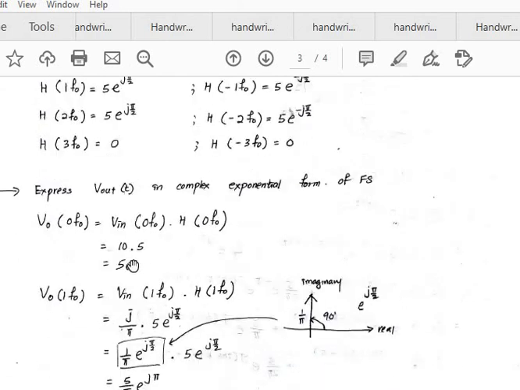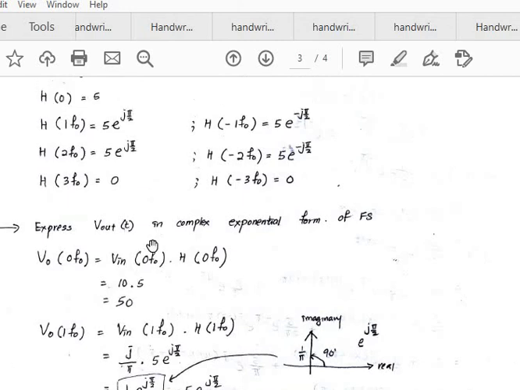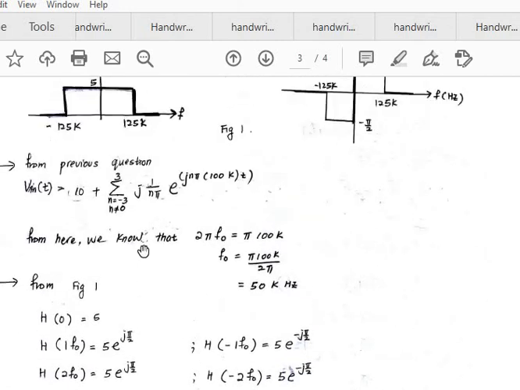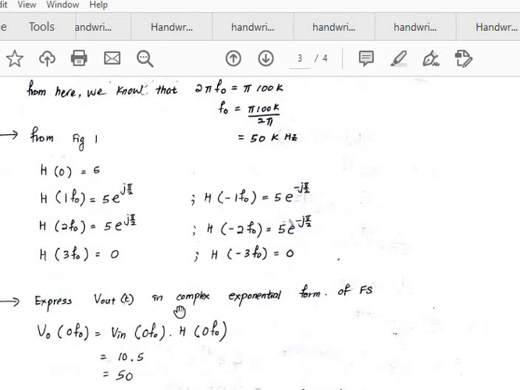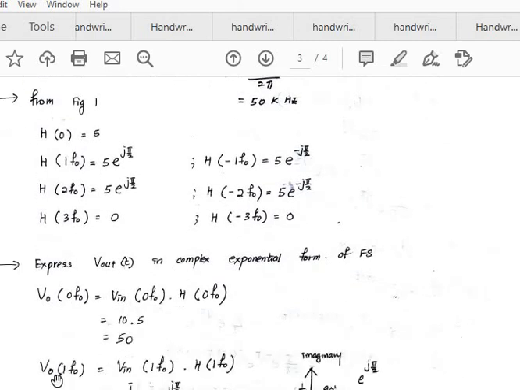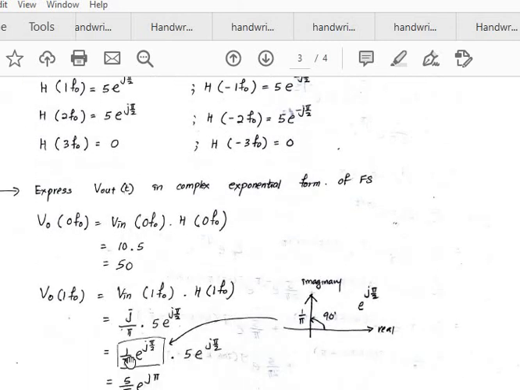Once you get H(f), you can get the output Y or V out. So you just substitute, you just multiply. The V out for the 0 f naught is V in. Your V in value is 10, and the H naught value is 5, so you get 50. And then for the 1 f naught, your V in value is this one.